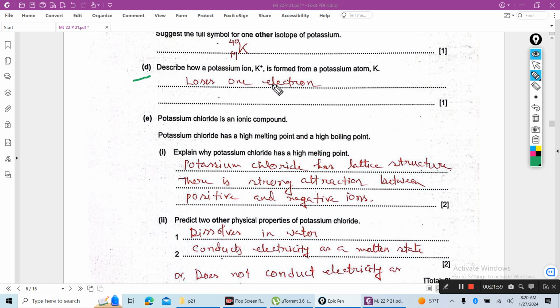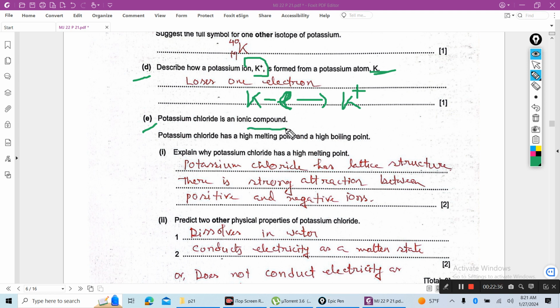Describe how the potassium ion is formed from a potassium atom. You know, any atom loses electrons to form a positive ion. Potassium loses one electron to form K plus. So the potassium ion is produced from the potassium element by losing one electron.